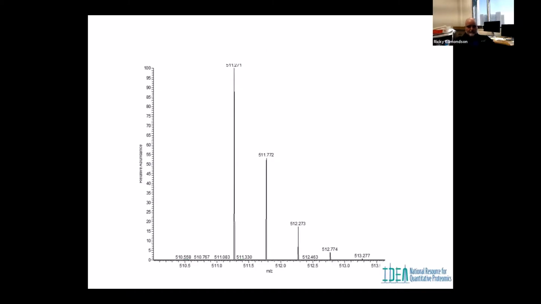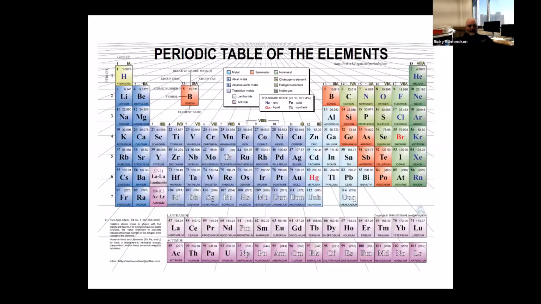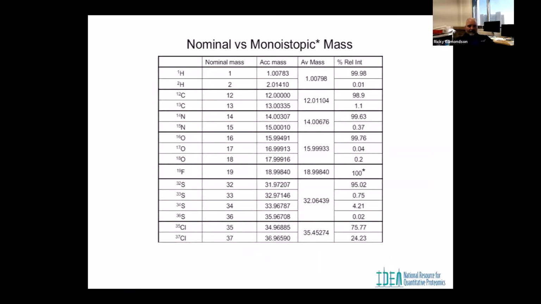I'm going to talk just a little bit about isotopes. If you look at this peptide, you notice there are several peaks there. This is one peptide, but several peaks. Why are there several peaks? If we look at the periodic table of elements, we know that there are stable isotopes that occur in nature.